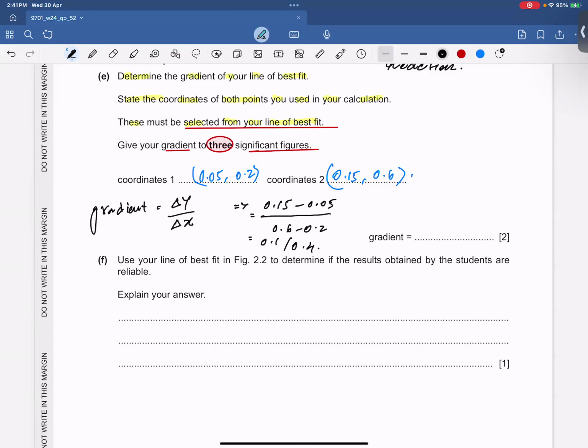So 0.1 divided by 0.4 is going to be 0.25. So gradient is going to be 0.25. Okay.